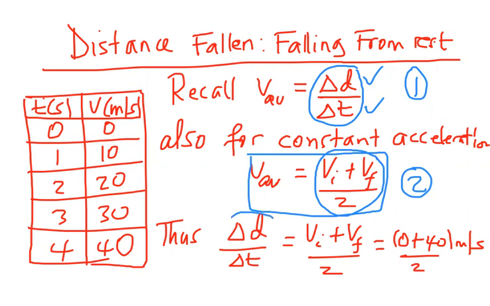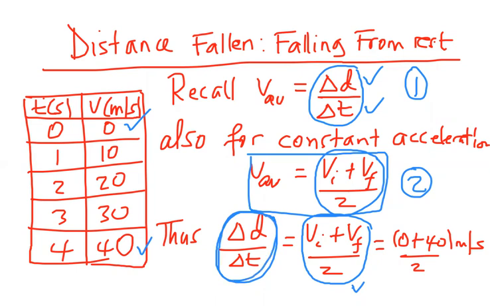So I can equate delta D over delta t to v initial plus v final over 2. When I do that, I can now find my average velocity using this method. I know v initial is 0 and v final is 40. So 0 plus 40 divided by 2, I'm going to get 20 meters per second. Then I equate it to this result here.